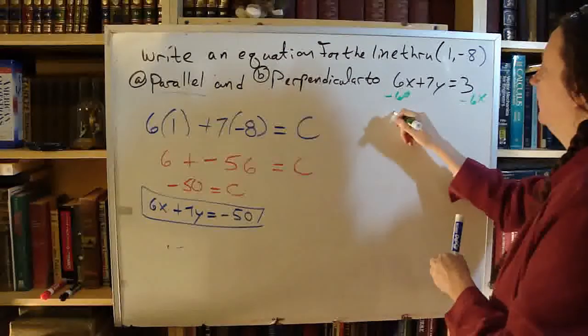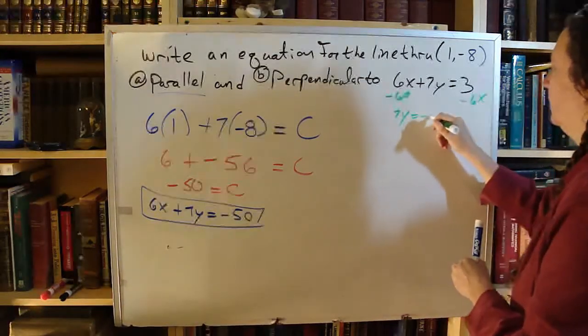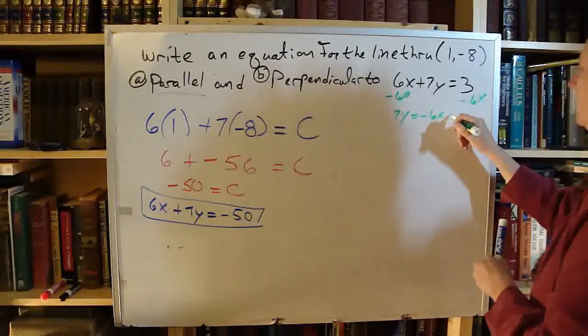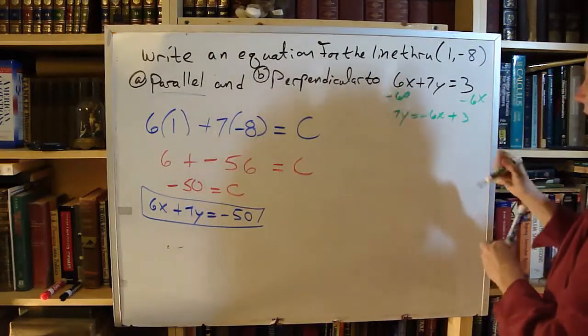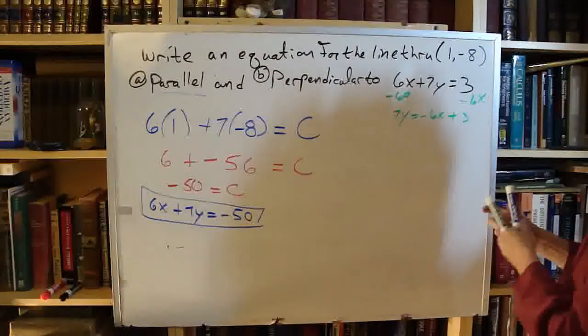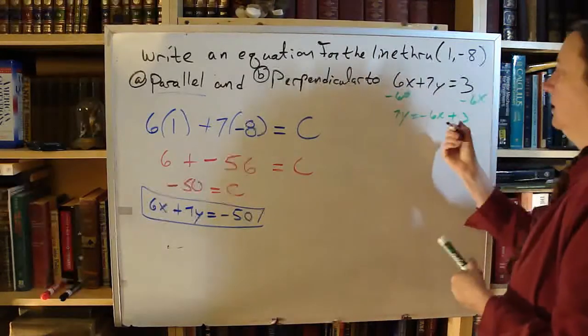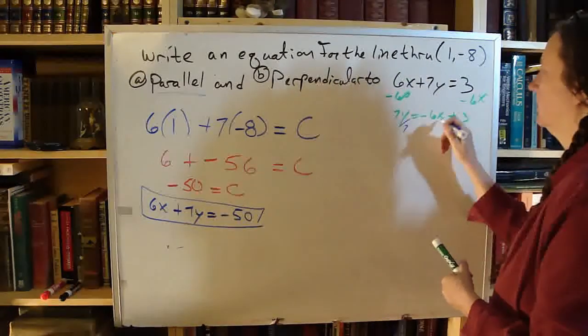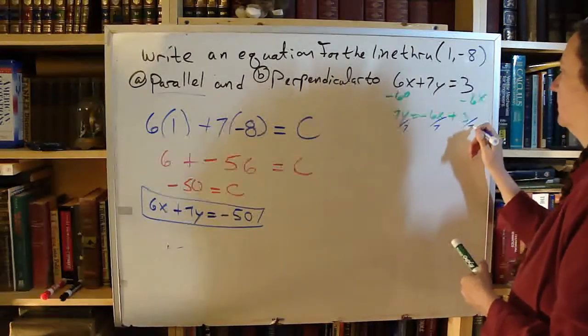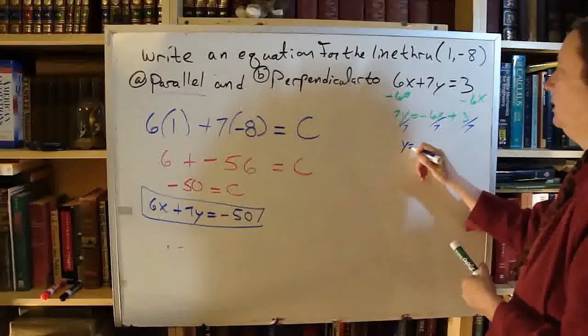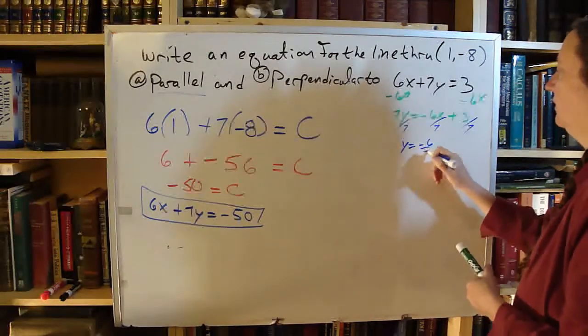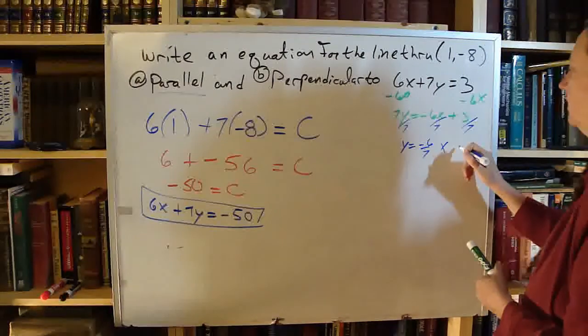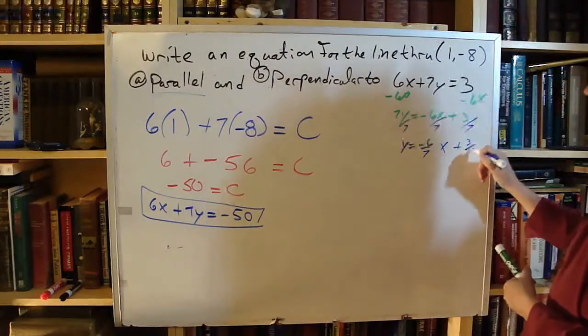Now I have 7y equals negative 6x plus 3. Divide out my 7. y equals negative 6/7 x plus 3/7.